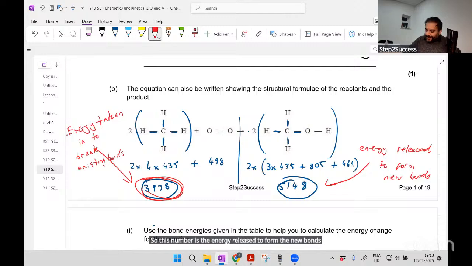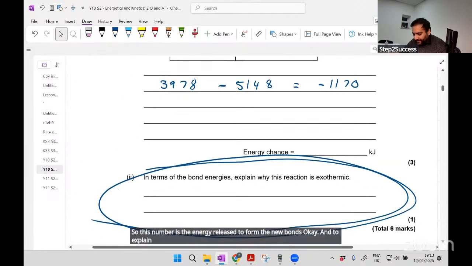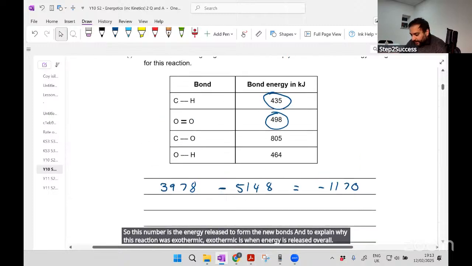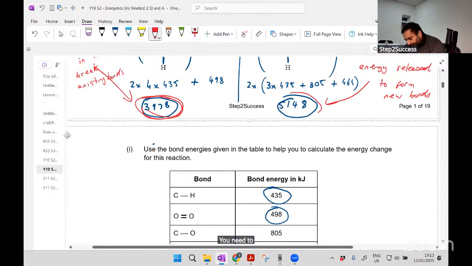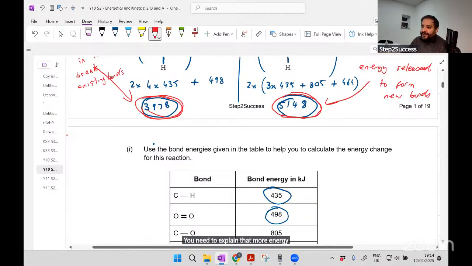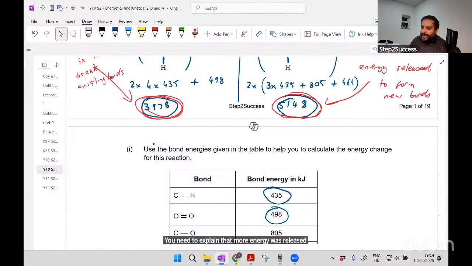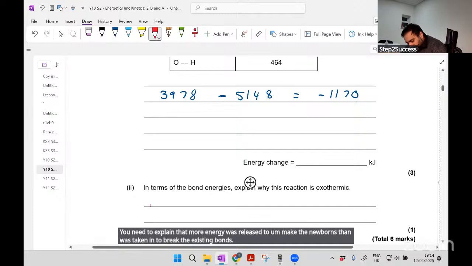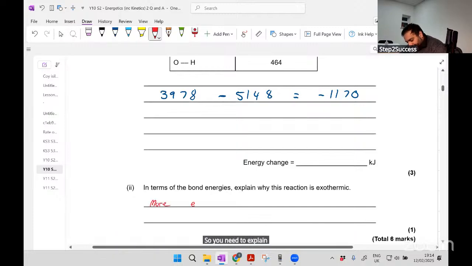Okay, and to explain why this reaction was exothermic, exothermic is when energy is released overall. You need to explain that more energy was released to make the new bonds than was taken in to break the existing bonds. So we need to explain, and this is the only way to answer this.